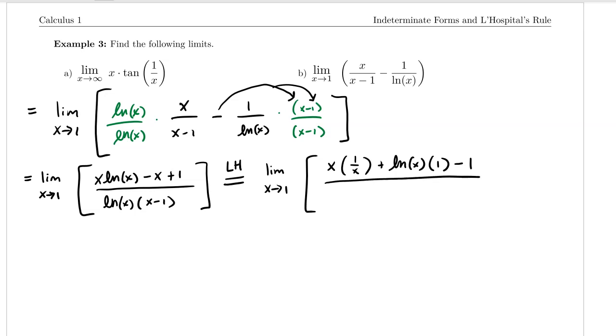Now we want to take the derivative of our denominator, and we have to use product rule again, because I have the natural log of x times the function x minus 1. So if I'm using product rule, I have the first function times the derivative of the second function plus the second function times the derivative of the first function.